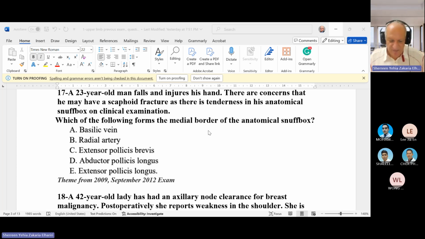So we have two muscles laterally and one muscle medially. He here asked about the medial border. So the medial border is extensor pollicis longus. The lateral border is extensor pollicis brevis and abductor pollicis longus.